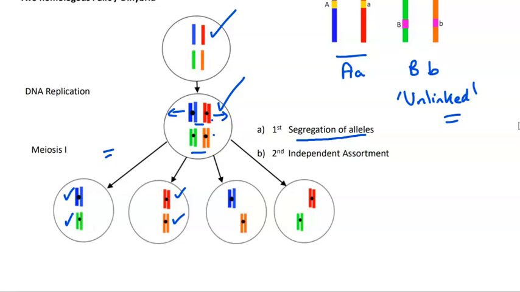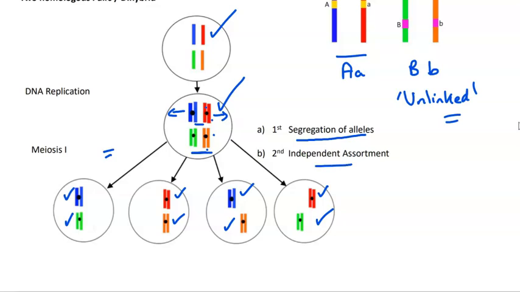However, it is equally possible that when we have the separation of the first homologous pair, red and blue, here and here, that the second homologous pair may separate in the opposite direction. And you can see that I've drawn that with the orange coming this way and the green ones going that way. And so this introduces a new concept.